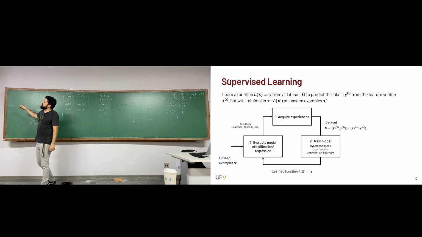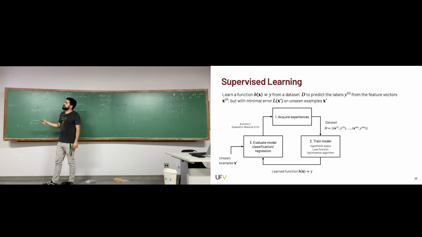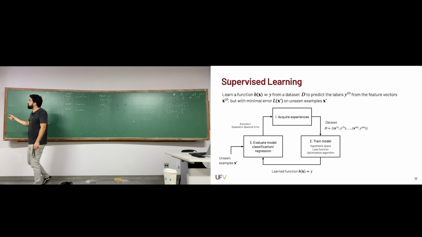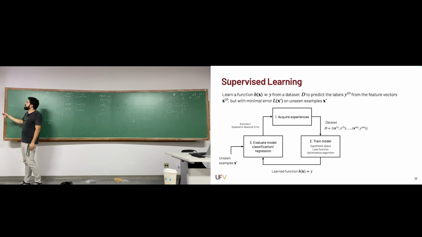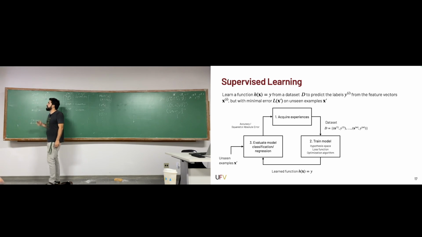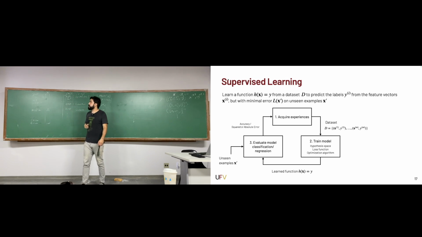Remember, we want to learn a function, but now our function is h of x equals y. So we want to predict the label y from the feature vector x. And we are given a data set D that has this format that we already saw. It has m examples. And our goal is to minimize the error L of x prime on unseen examples x prime.